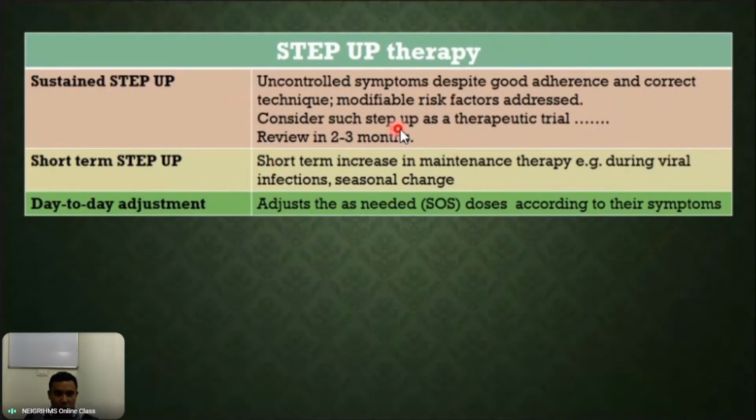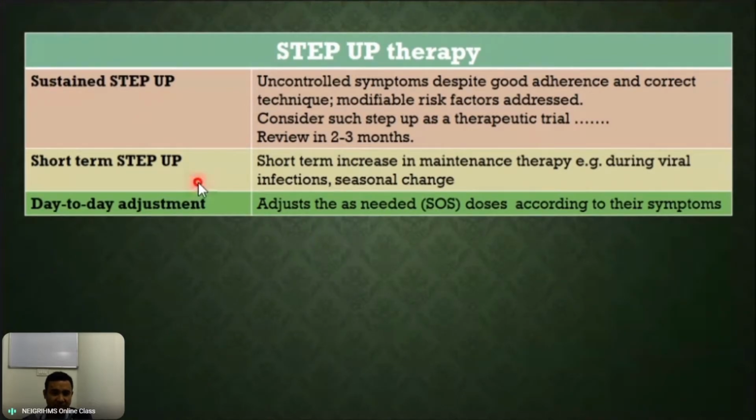Once you've stepped up once, don't change it. They can always use the same drug as a reliever, but as a controller medication, do not change. Once you've made a change, allow at least 2 to 3 months in that particular class of treatment, then you review. Okay, then you review and then you see what is the adherence. How are the patient's symptoms, whether they've improved, whether they've not improved, then you can plan accordingly. So this is a sustained step up.